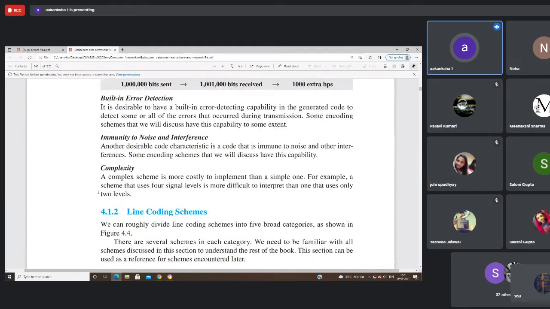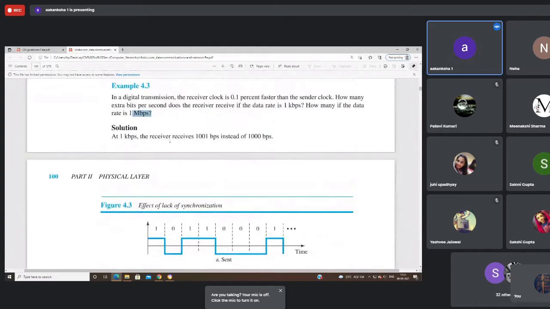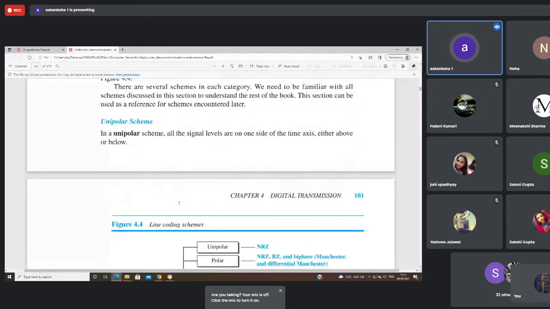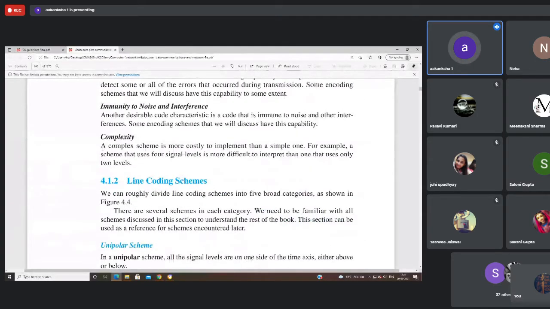Next is complexity. When we say a coding scheme is very efficient in terms of error detection, immunity to noise and interference, and synchronization, we should also be able to find out the complexity of the scheme. If it is a simple one, then it is good, easier to implement and less costly.